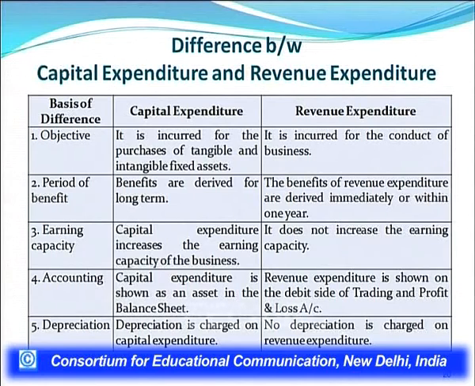It is not charged on any other expenditures. So, these are some points of difference, but the basic criteria while identifying, you could use the benefit of the period, for which period the benefits are derived, and creation of the fixed assets or enhancement in the earning capacity.